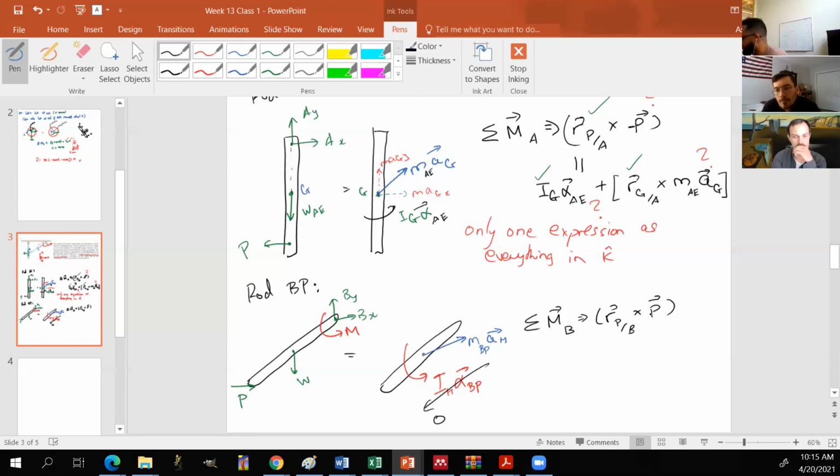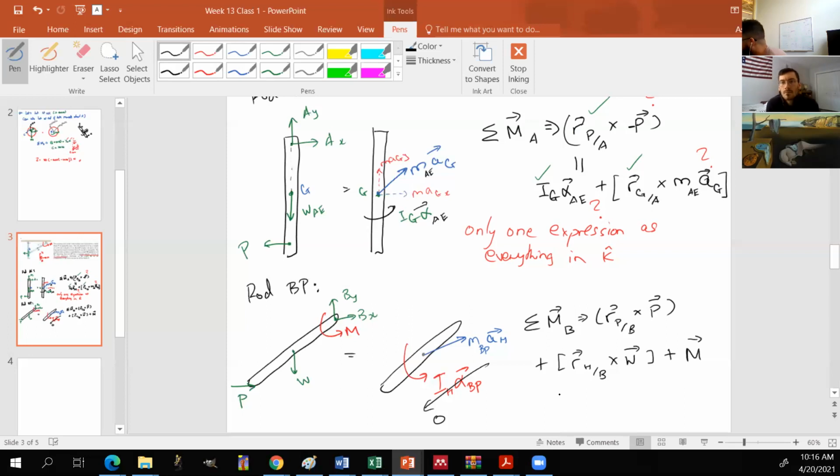So this is minus P, this is going to be plus P. This is just for Mathematica to know that we're good with our signs. Plus, you have a term for r of H relative to B crossed with your weight of the rod. Plus, you have this moment that's acting, so you have a moment term.